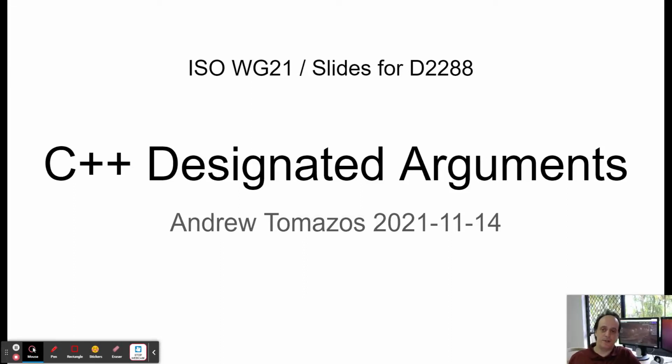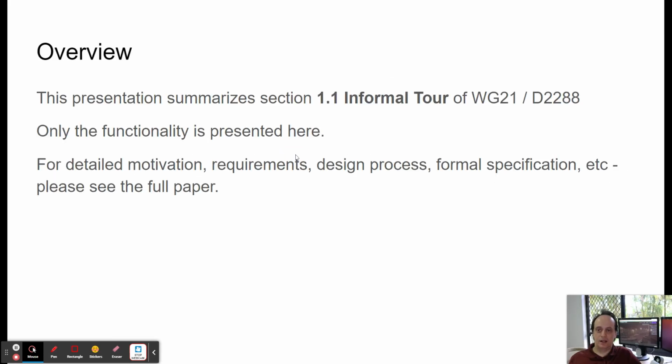Hi, I'm Andrew Tomazis, and this is an introduction to ISO WG21 D2288, which is an extension for C++ designated arguments. This presentation summarizes section 1.1, informal tour of WG21 D2288.